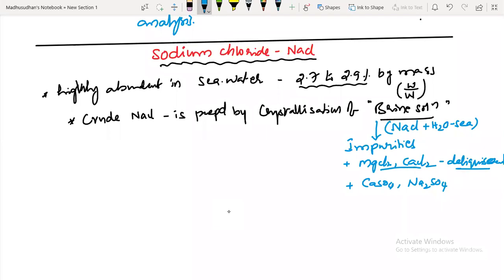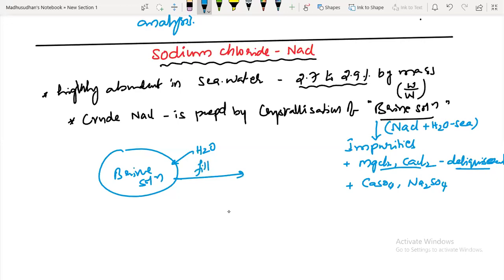Okay. To get rid of these impurities and obtain the pure form of sodium chloride, the complete brine solution is taken and mixed with some amount of water, and it is filtered.